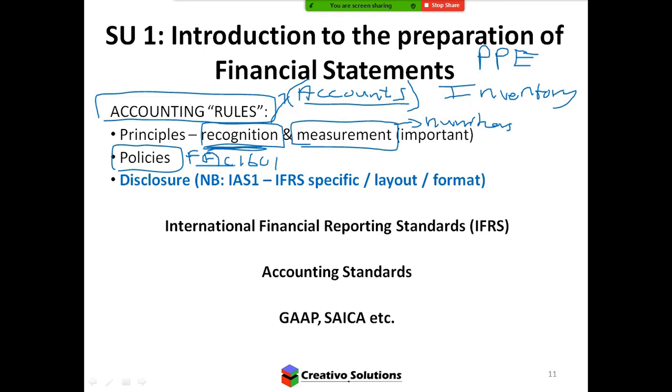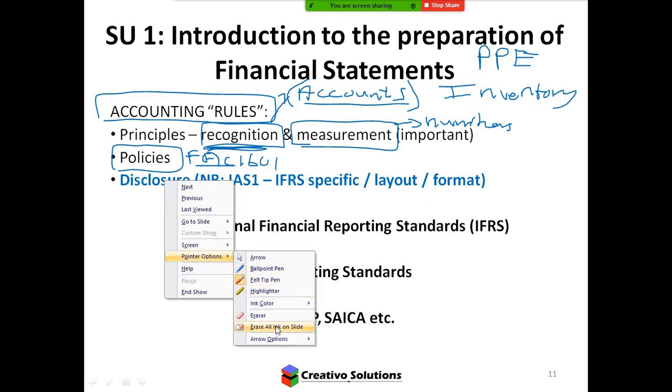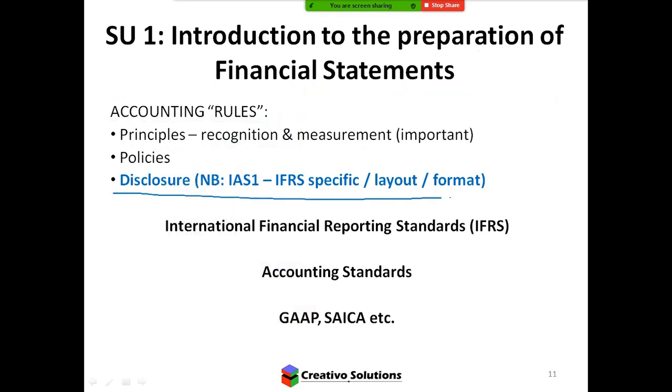So if you look at the electronic version, you'll see they give you these policies towards the end of the financial statements, because you need to communicate to your user that you're following certain rules. For example, I'm using perpetual, or I'm using periodic, or a cost basis, or how I'm depreciating my assets.